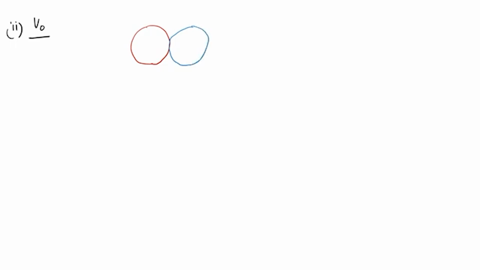So these are the two spheres that are touching each other, and we take the centers of this and of this to be here, and now this is the radius, and we can construct a sphere of radius this, which is the distance between the centers of each of the molecules.